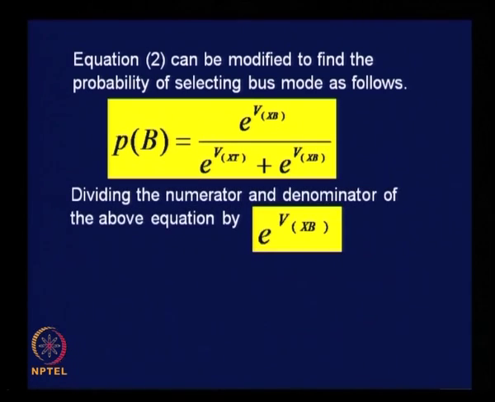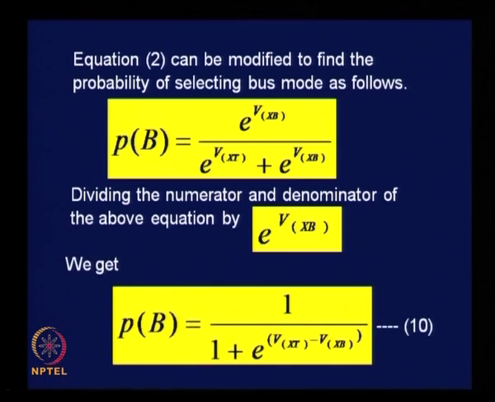Now, let us divide the numerator and denominator of the above equation by e power Vxb. We are dividing the numerator and denominator on the right hand side so that the value does not change, and if you do so you will get this result. P of B will be equal to 1 divided by 1 plus e power Vxt minus Vxb.